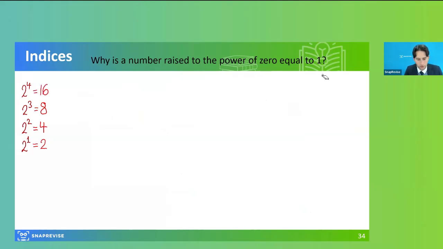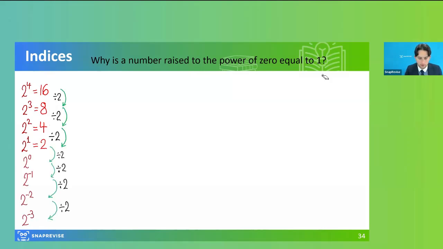If we look at the powers of 2, as you work up the powers, effectively, what are we doing? How do I get from 2 to 4 to 8 to 16? We times by 2. So as we work down the powers, what are we doing? We're dividing by the base. We're dividing by 2. So if you carry that logic on, 2 to the 1, if we divide by 2, you get 1.